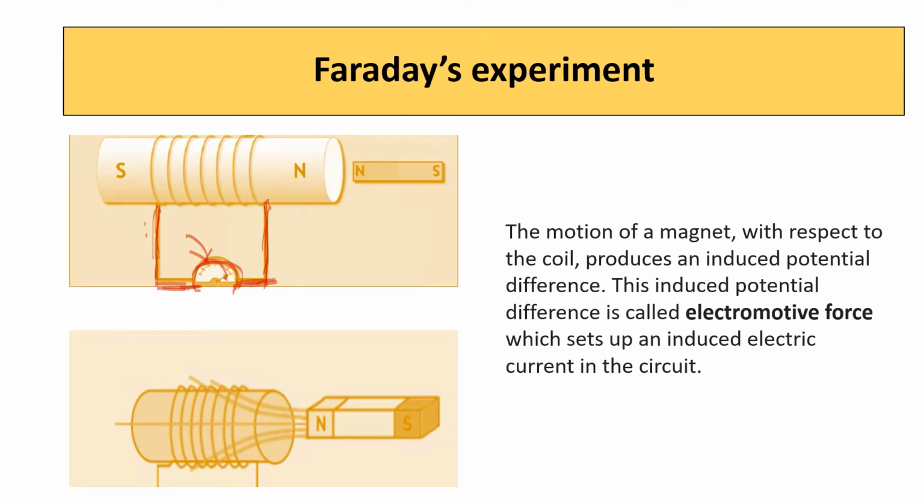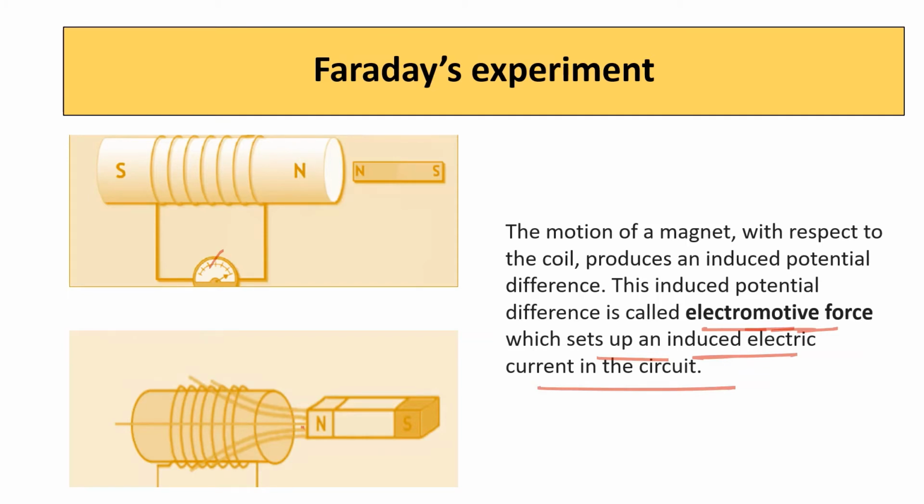Now place a magnet close to the solenoid. When this magnet is stationary, there will be no deflection in the galvanometer. But if this magnet is moved towards the solenoid, more field lines of the bar magnet will enter the coil, and this will produce an induced potential difference, called electromotive force, and sets up an induced electric current in the circuit.